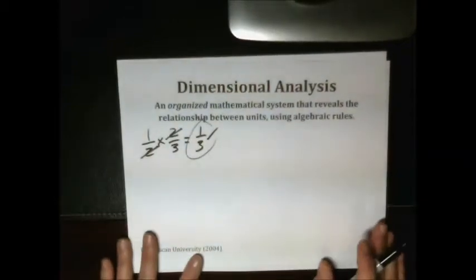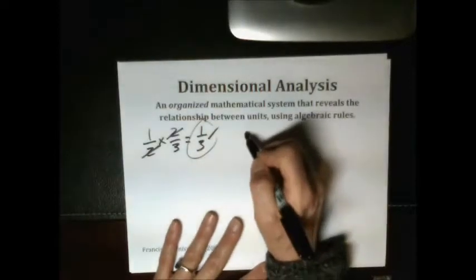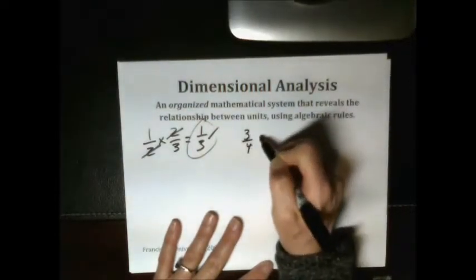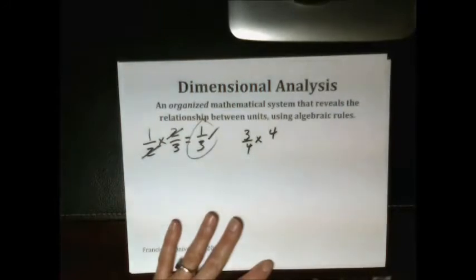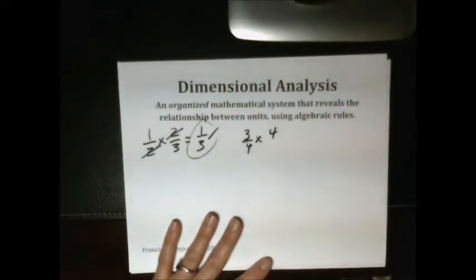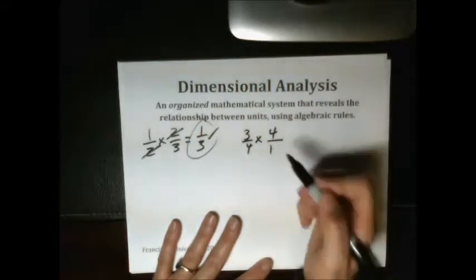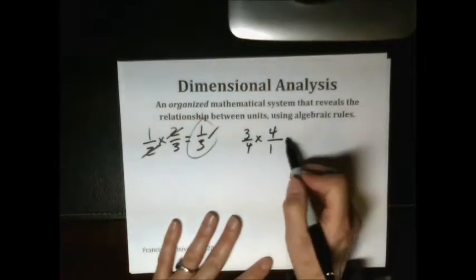Let's look at another example of canceling like units. 3/4 times a whole number. We're going to multiply a fraction by a whole number. And remember that to multiply a fraction with a whole number, all we need to do to make the whole number into a fraction is put it over 1.